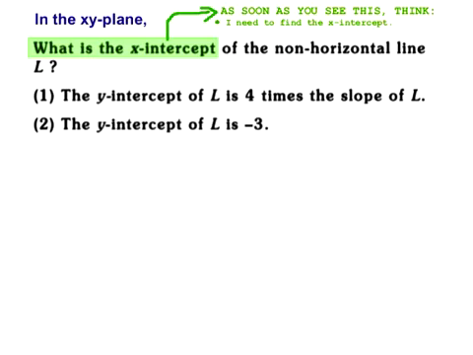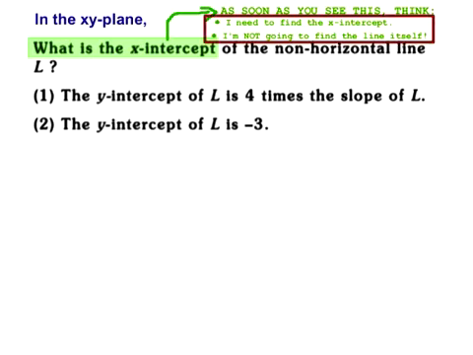I'm not going to find the equation of the line. This is the single most important thing about data sufficiency: you are pretty much not going to find stuff other than your goal.